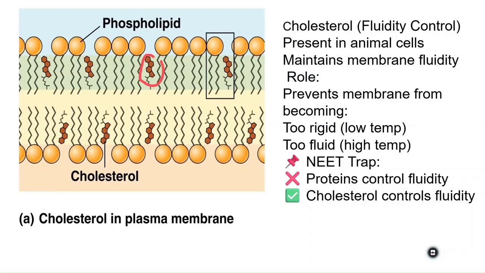Now how can we say that cholesterol maintains fluidity? Here, children, you see, the cholesterol plays a major role. When the temperature is very low, the cholesterol present between the plasma membrane will not allow the plasma membrane to become too rigid.